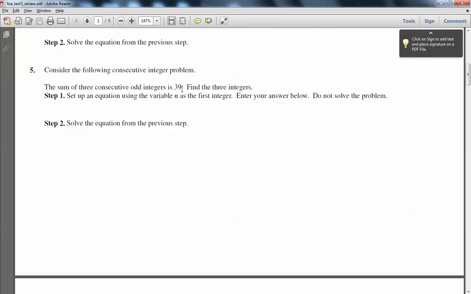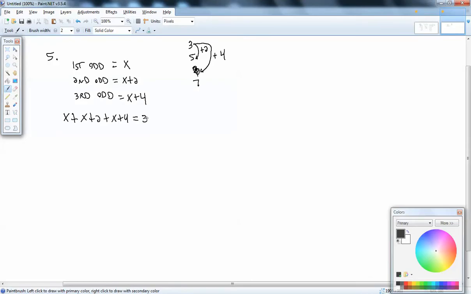The sum of the consecutive odd integers is 39. Okay, x plus x plus x is 3x. Combine like terms. 2 plus 4 is 6. Equals 39. Okay, first step, get rid of parentheses, don't have any. Second step, get rid of fractions, don't have any. Third step, get everything with the x on one side, numbers on the other side. So I'm going to take the 6 and move it over to the right side.